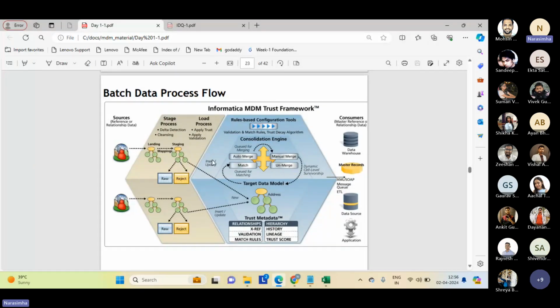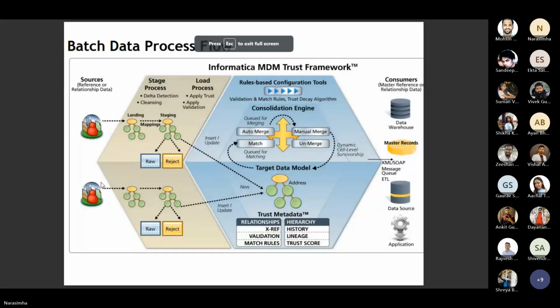Okay. So I was trying to talk about this data flow process, right? Where we understood how to pull the data from source. Make sure that you remember this flow, guys, because this is what we need to follow to create a master. So we'll get data onto the entry point of MDM, which is a landing. Then apply data cleansing in the stage layer. Then start loading the data from stage to base object table. Then we apply one or more match rules in the matching layer.